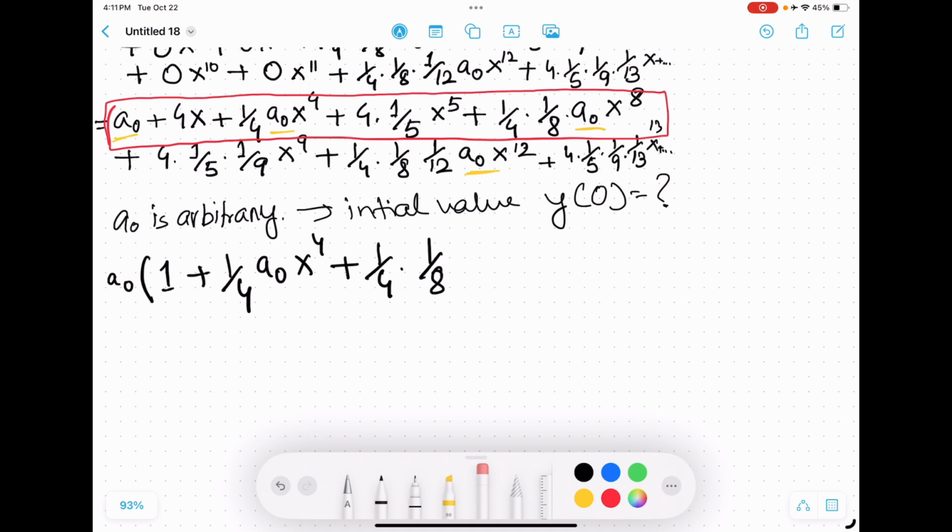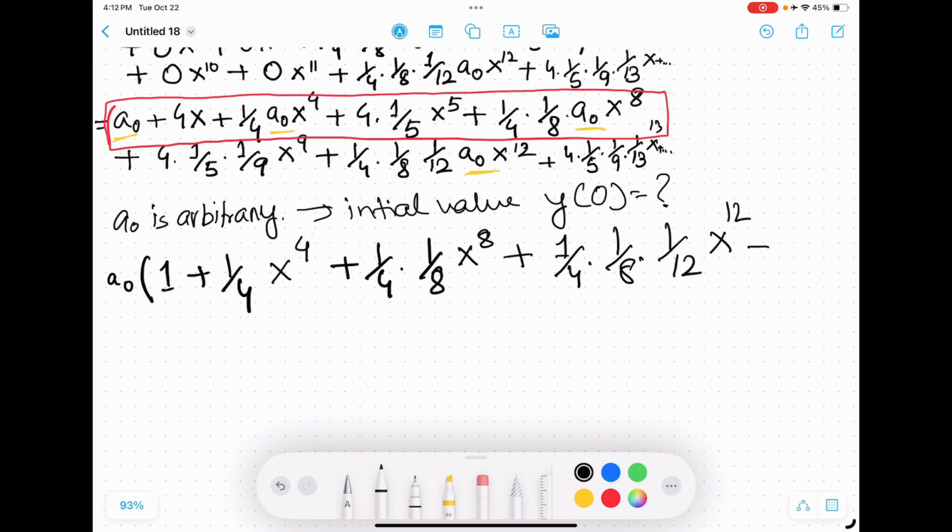Oh, I already have a sub 0, I don't have to include that. Little mistake. 1 by 4 times 1 by 8 times x to the power 8 plus 1 by 4 times 1 by 8 times 1 by 12 x to the power 12, and so on.